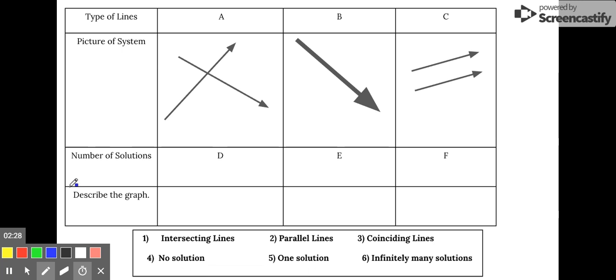All right, we learned about 3 different cases about the solution of a system. The first one is when two lines are intersecting at one point, and how many solutions are there? We have one solution.